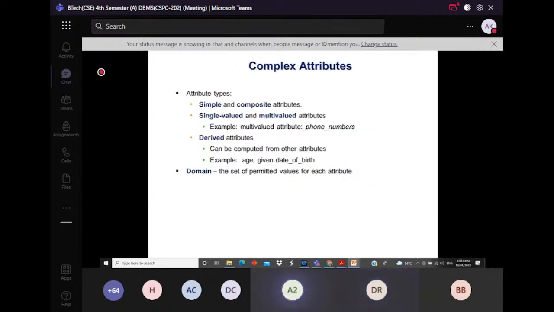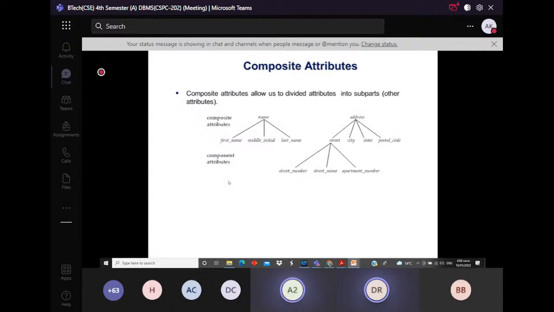Now next, when you want to represent attributes for an entity, till now we have discussed that an attribute should be simple, that is atomic. But attributes can be simple and composite, single valued and multi-valued, and derived attributes. You can see here composite attribute. Composite attribute means the attribute further has subparts.